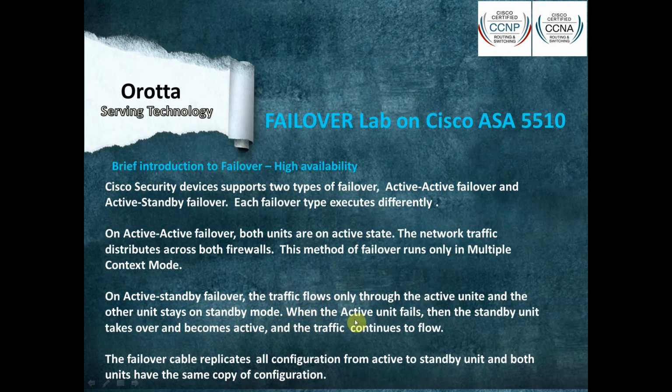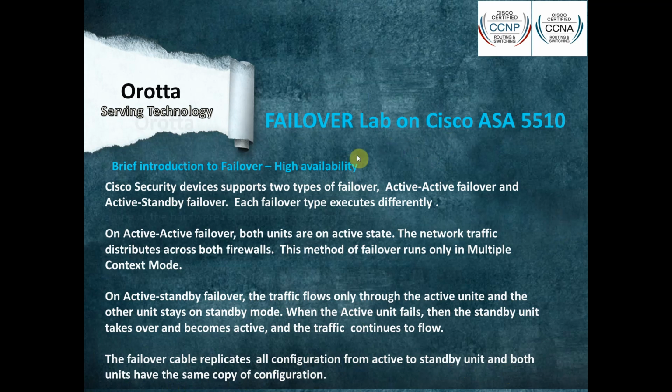But when the active unit fails, then the standby unit takes over and becomes active, and the traffic continues to flow. The failover cable, which connects both firewalls, replicates all configuration from the active to the standby unit, and both units have the same copy of configuration.